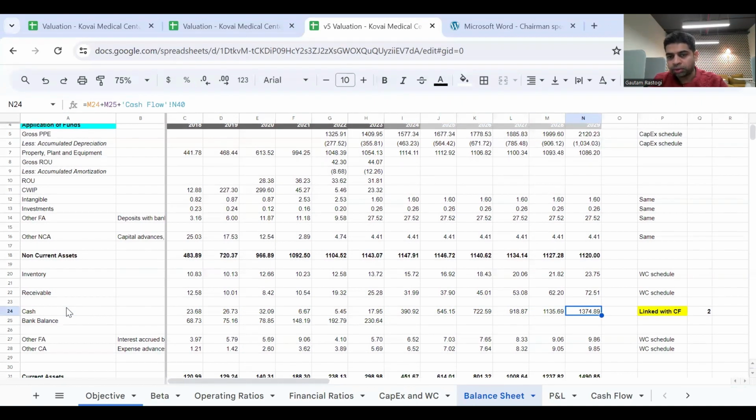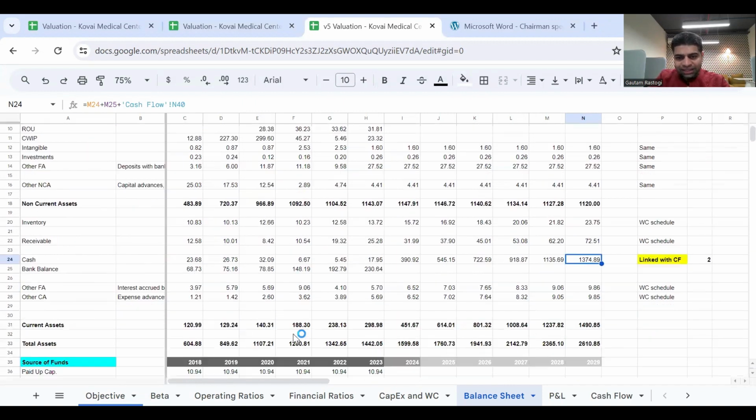They would put most of this in the bank and earn interest on it, and we can model the interest if we want to, because that's going to increase the overall profitability. We haven't modeled the interest on this cash yet.